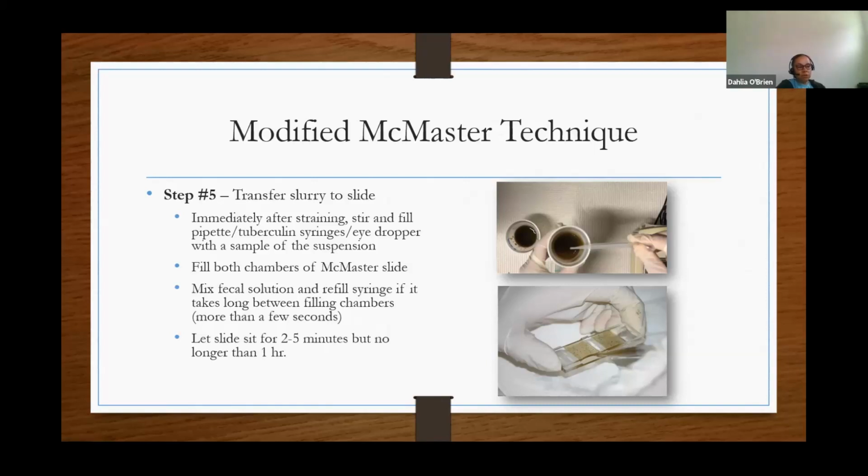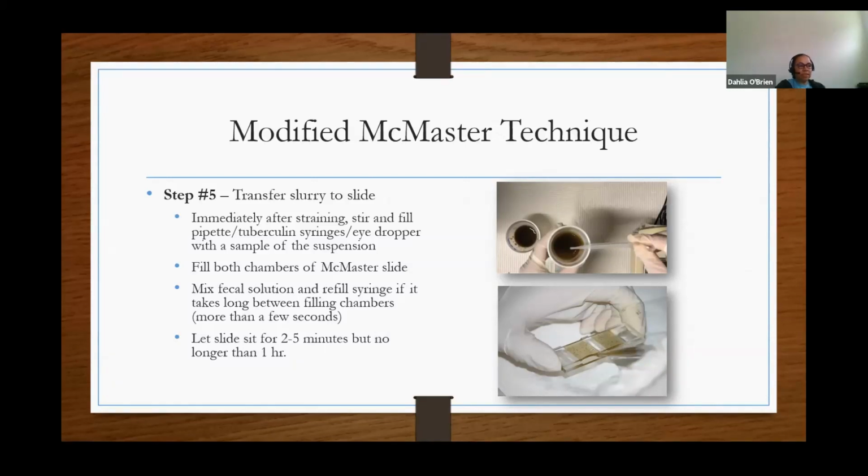If you are used to doing this, then you can fill both chambers with one sample of the suspension. However, if you're still learning, because of the amount of time it takes to fill a chamber, you might want to fill one chamber, then stir the sample some more, take up another sample, and then fill the second chamber.